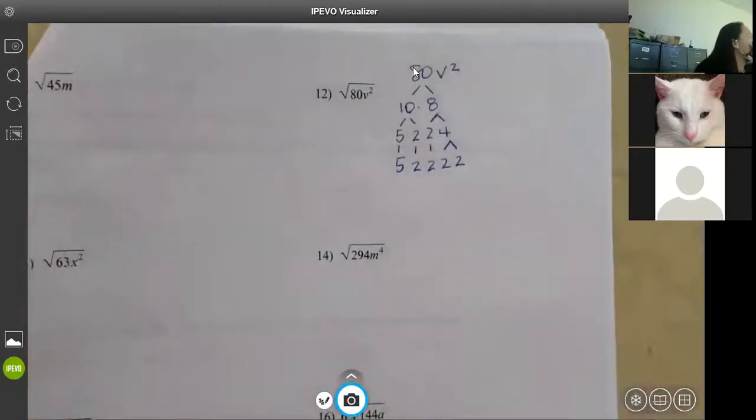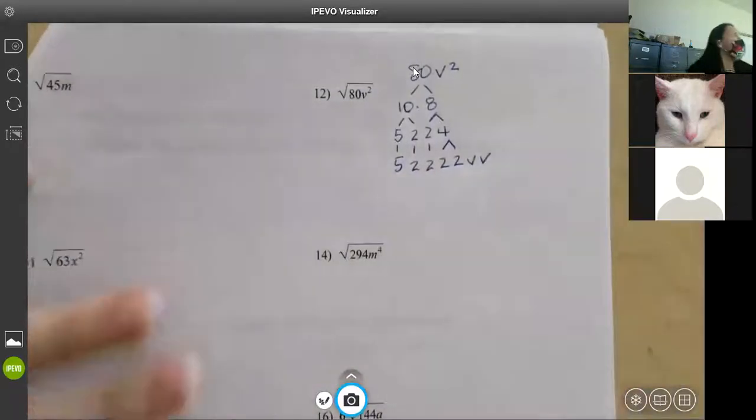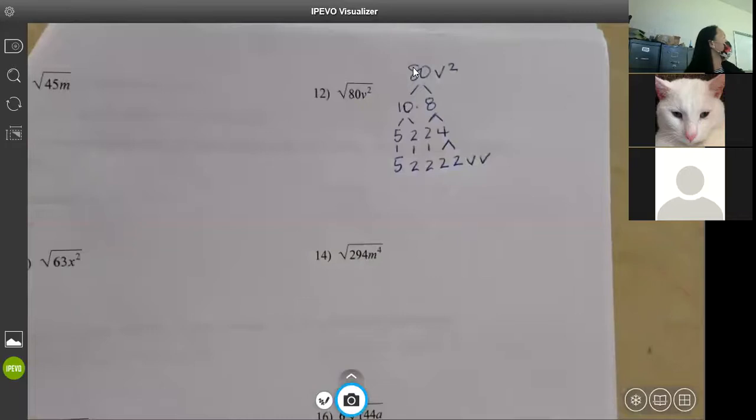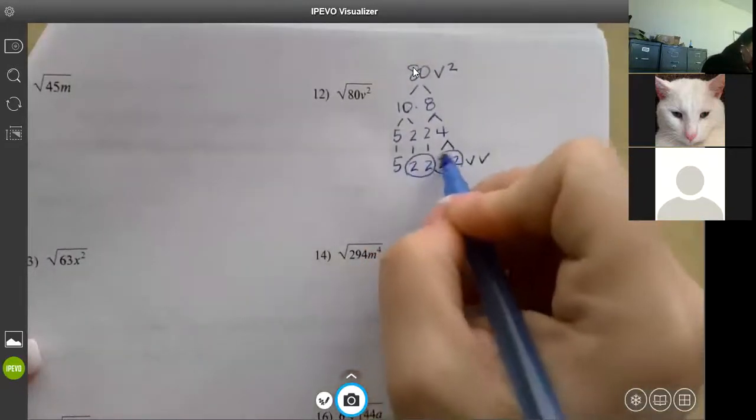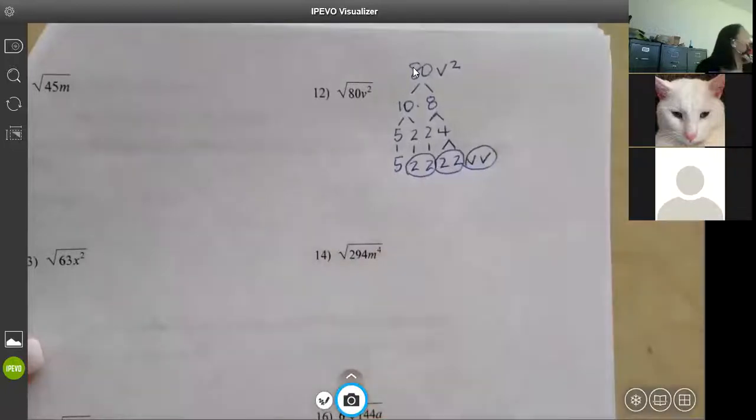What does b squared mean? What does that mean? How many do we have? 2 b's. So we're going to put those down here, just like that. So whatever you have, you just write it fully out. What do I have pairs of? 2 2s and a b. So you work it the same way you work the numbers.